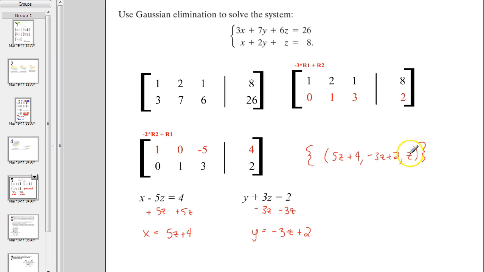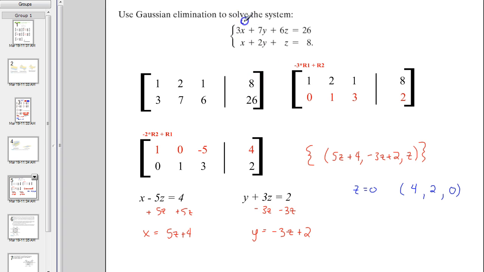Now let's look at a form that this solution could take on. Let's look at if z were 0. If z were 0, then 5 times 0 plus 4 is just 4, and -3 times 0 is 0 plus 2. We get 4, 2, 0.